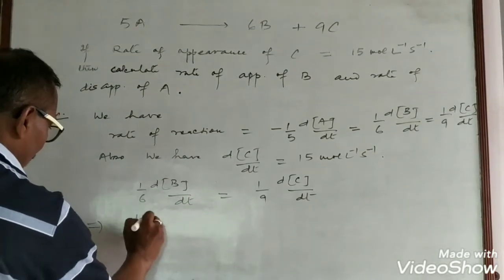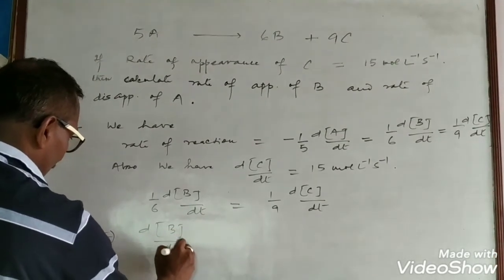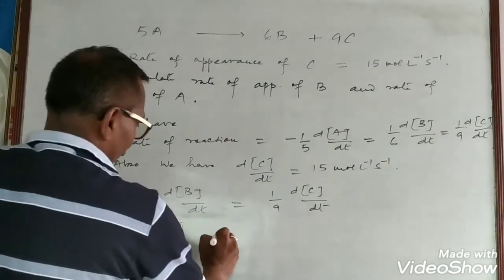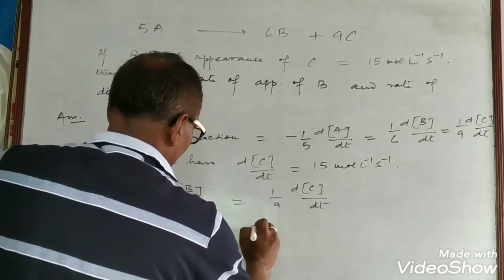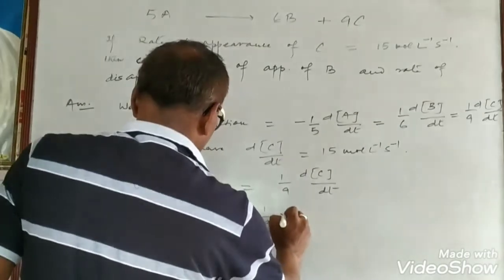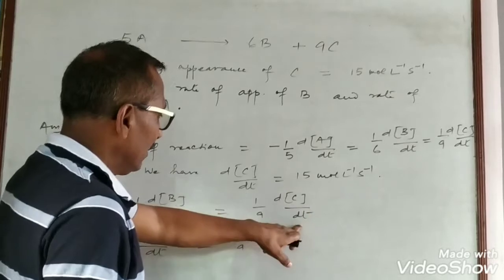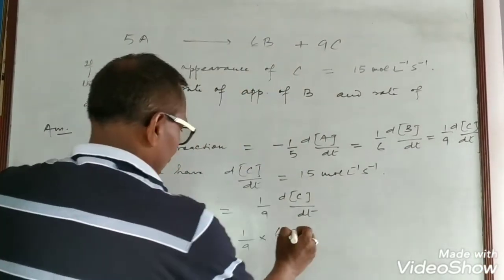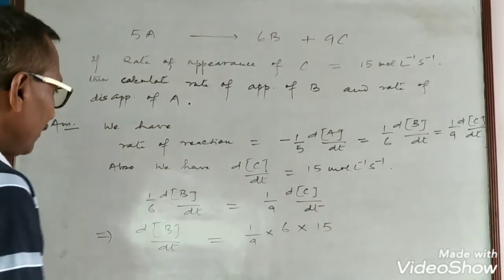Now we have to find out d concentration B by dt. This is the rate of appearance of B. So this will be 1 by 9 into 6 into dC by dt as 15 mole per liter per second.